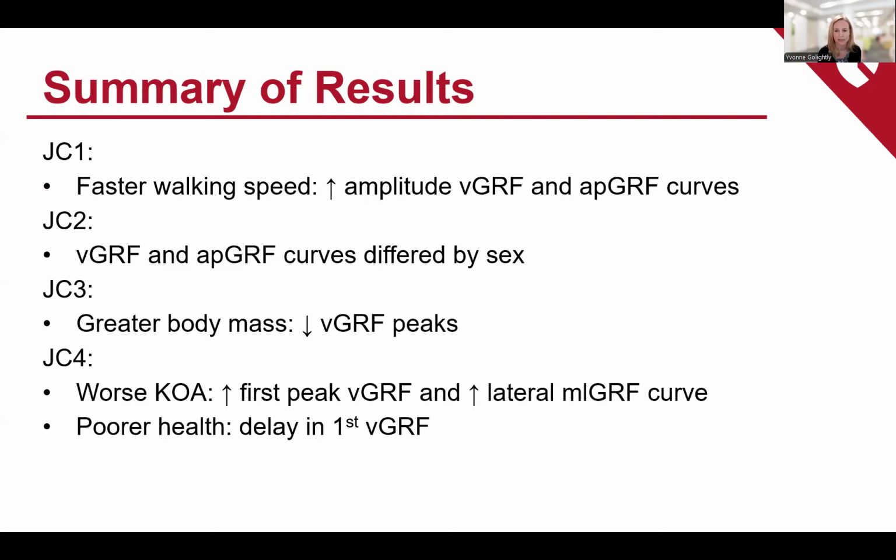And then for joint component 4, we worked on trying to understand these. There wasn't as much literature related to looking at these groups, but we do feel that when you're doing these types of biomechanical studies, it is important to consider the knee OA severity and other health conditions, but more research is needed to confirm those findings.